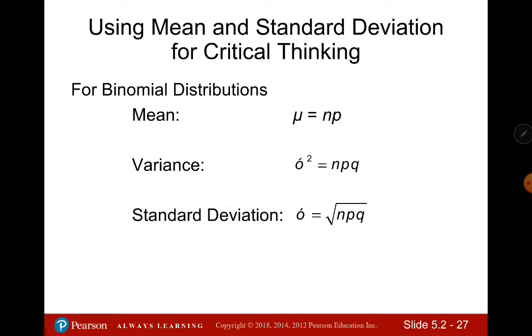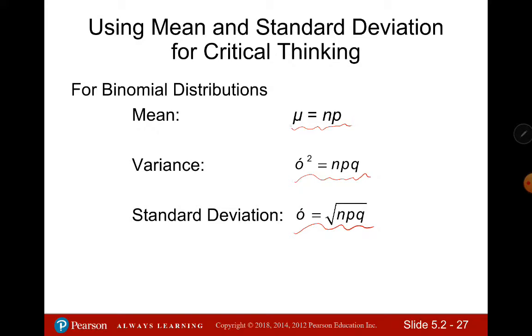Here we still use formulas to find the parameters mu and standard deviation, but because we have a special distribution, the binomial distribution, the formula is different. I would say it's a simplified formula for this special distribution.